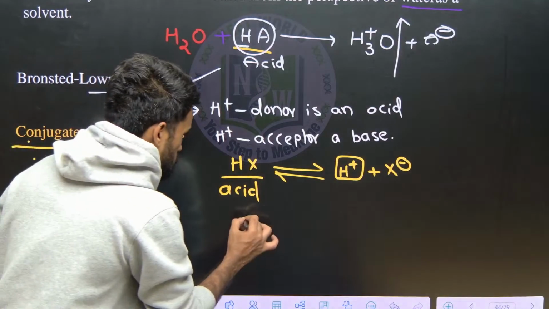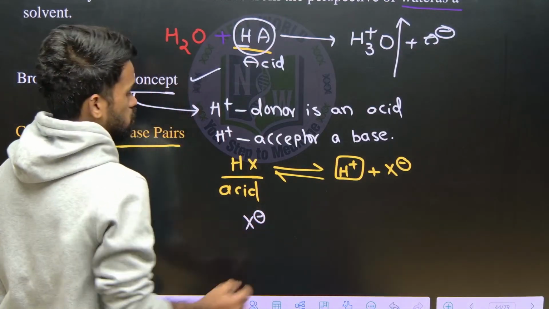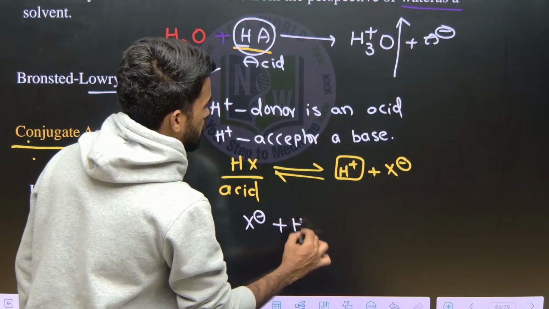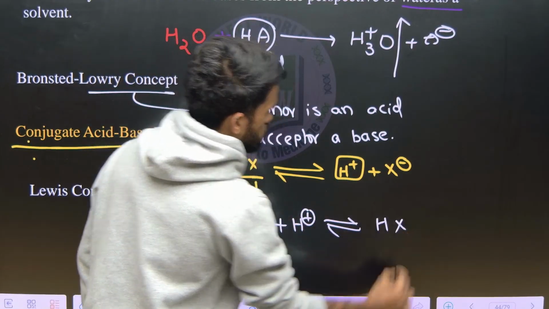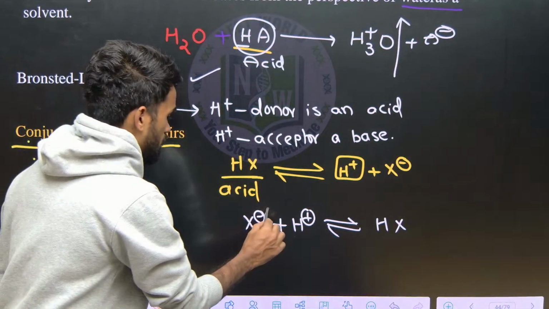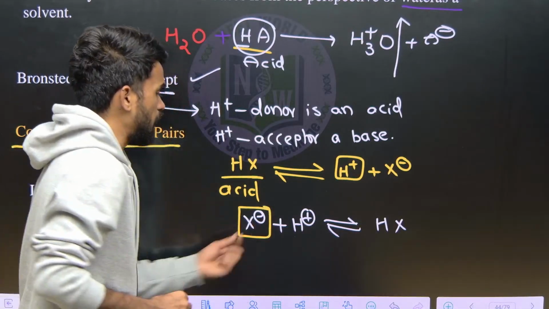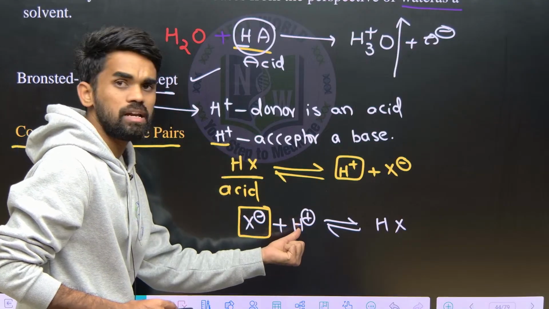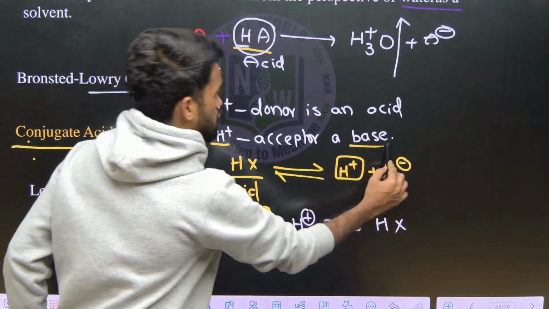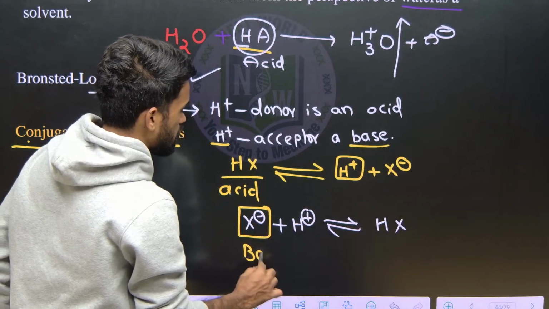Now I have a substance like X minus, which is accepting an H plus ion and forming HX. The X minus, which is accepting this H plus ion, a proton acceptor, is called a base. So I can say X minus is a base.